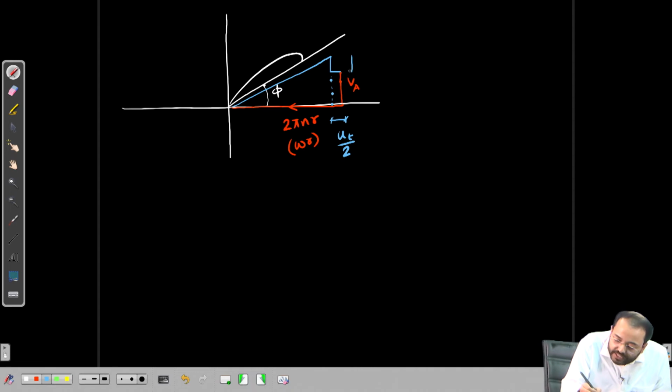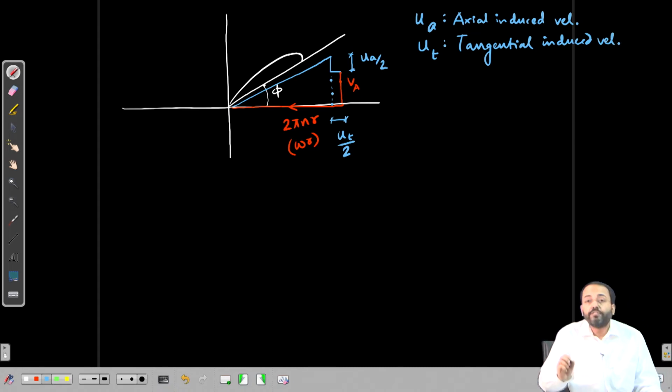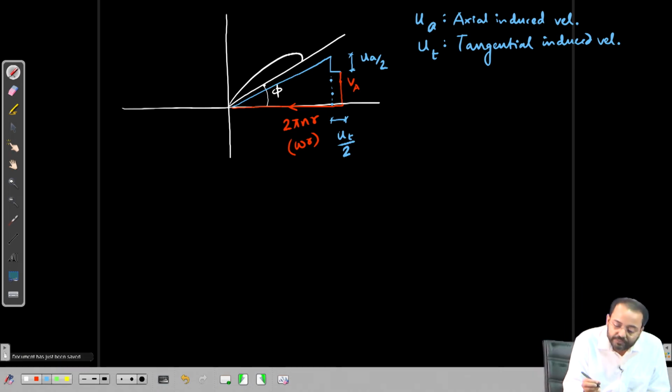And here similarly, this will be ua by 2. ua is the axial induced velocity and ut is the tangential induced velocity far downstream. So, at the propeller plane we are taking ua by 2 and ut by 2.